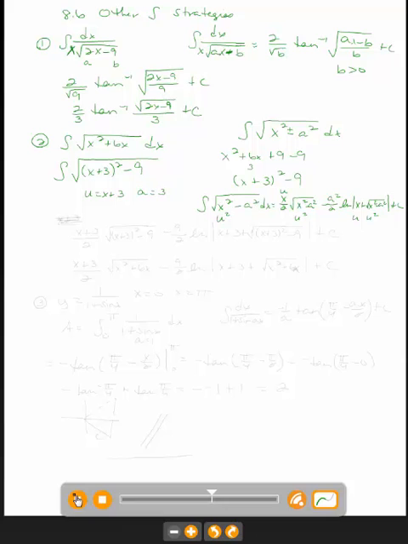So it's going to be u over 2, in this case x plus 3 over 2, times the square root of x plus 3 squared minus 9, over 2, the natural log, where u is x plus 3, plus the square root of x plus 3 squared minus 9, close it, plus c.